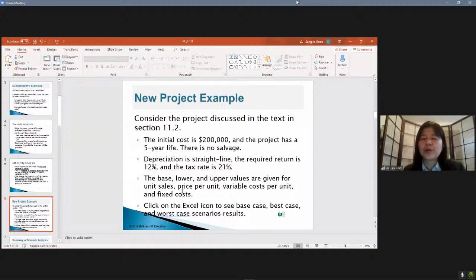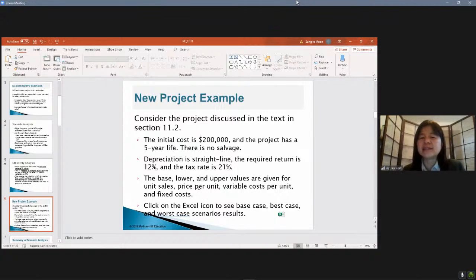So the range will be given for how many units will be sold, the quantity of sales, as well as the pricing. Under certain market conditions, the product will be sold at a high price. But if, for example, competition gets severe and the company needs to sell quicker, the company may need to lower the pricing.